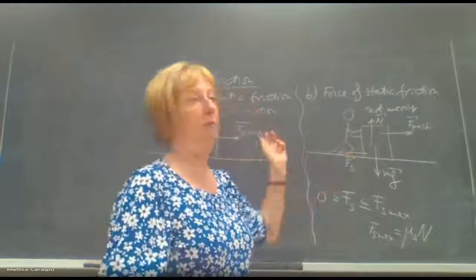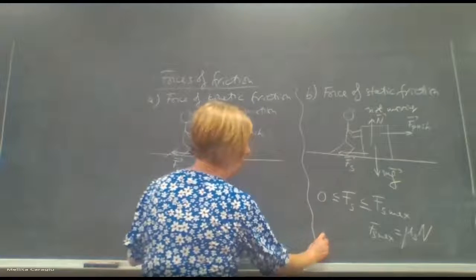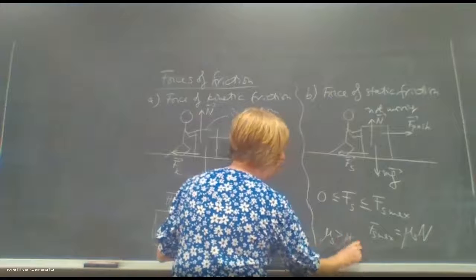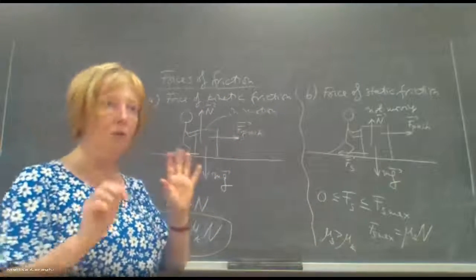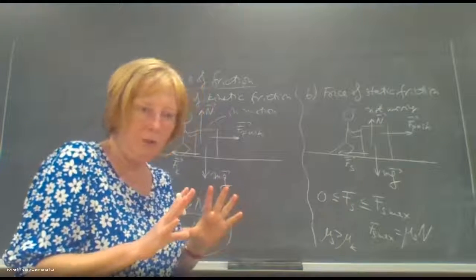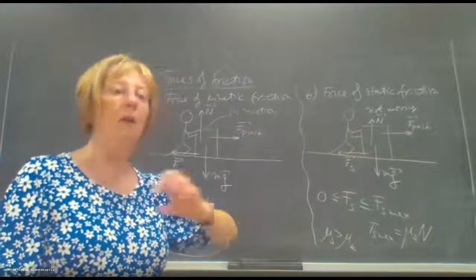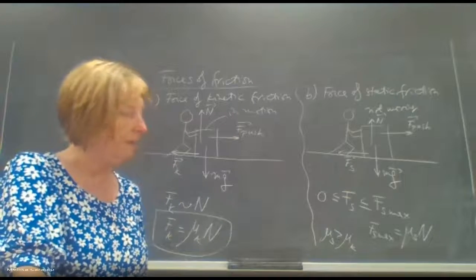Let's say it's 0.75. So it is true that the coefficient of static friction is always greater than the coefficient of kinetic friction. So it is always harder to just start the object moving than, once it's moving, to drag it on the same substrate.